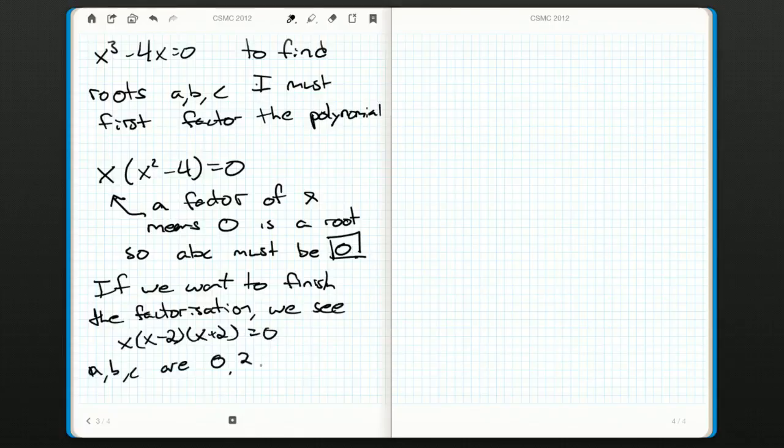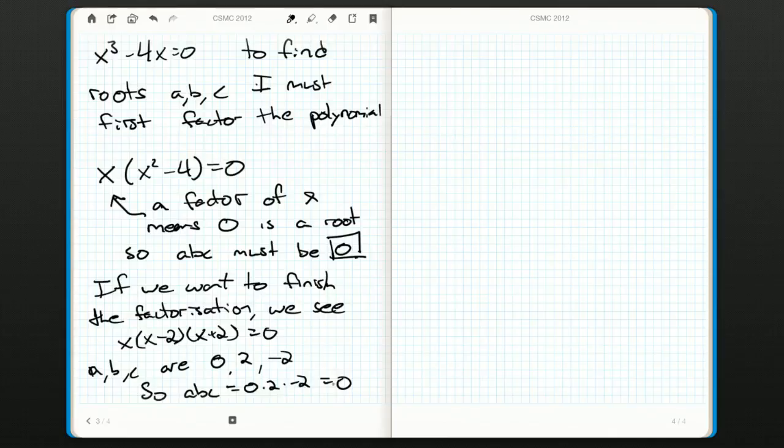And we get to see that a, b, and c are 0, 2, and negative 2. And we get 0 either way. But likely the factor of x is included so that if that catches your eye and you realize, oh, 0 is a root, we're done, you save yourself about 30 seconds to a minute.